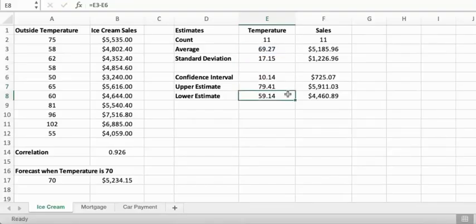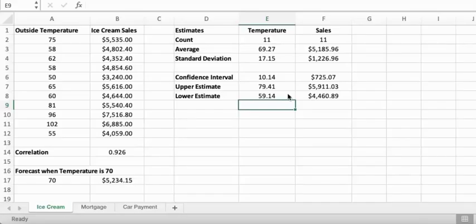To get our lower estimate, we take that average calculation in E3 and subtract our confidence interval from it. And we get a nice range between 59 degrees and 79 degrees, within which we're 95% confident that the true average temperature for the population falls. And notice that our estimate is right in the middle of that particular confidence interval. That's just how the math works out.